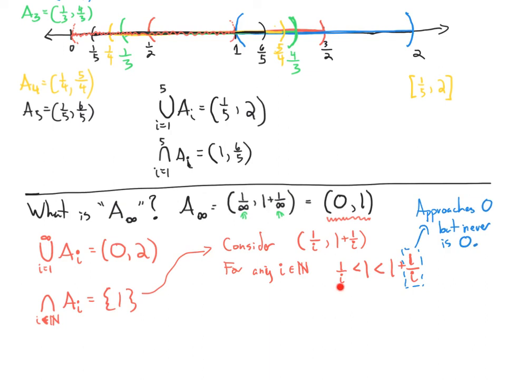So we have 1 is going to be less than 1 plus a tiny bit. This gets tinier and tinier, but it's never 0. We can't actually plug in infinity. It's just a little heuristic to say what it approaches. So we do indeed have 1 in our infinite intersection. So that is the idea of indexed unions and indexed intersections. We'll continue on in the next video with a few other set topics.